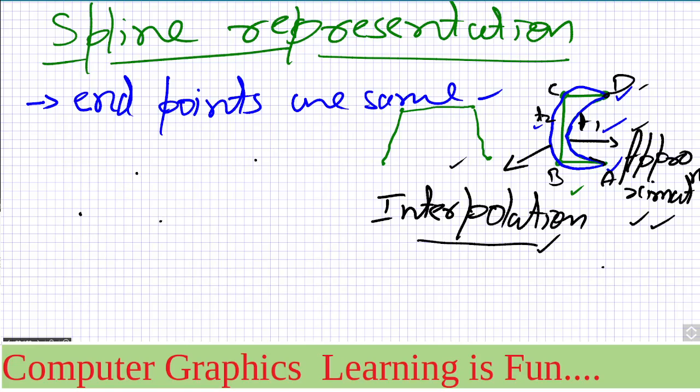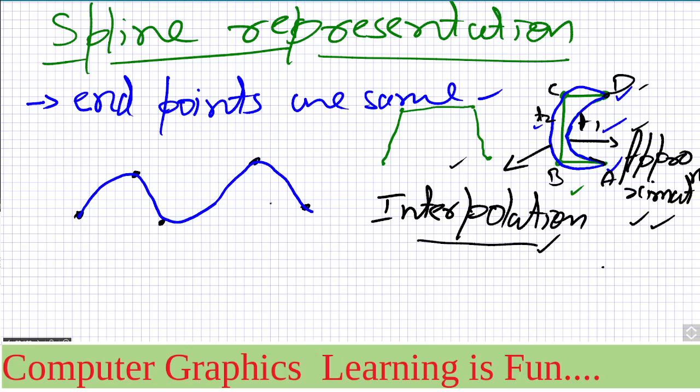Suppose this was a C. Now let me consider this thing. These are the 5 points. Let me take a bigger one so it is visible. So these are 5 points. What will be the interpolation? If it is interpolation, it will start definitely from here, and it will have to cross all the points.